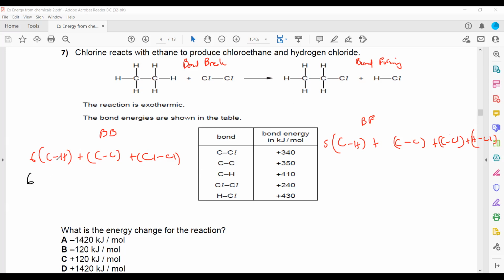So 6 multiplied by the C-H bond, which is 410, plus C-C bond is 350, plus Cl-Cl bond is 240. And here 5 C-H bonds at 410, C-C bond is 350, C-Cl bond is 340, and H-Cl bond is 430.